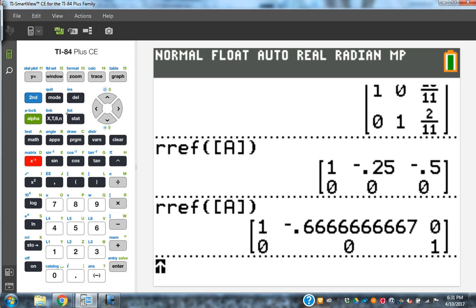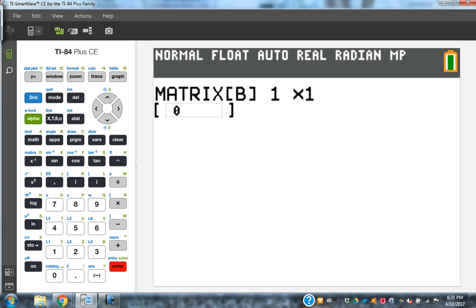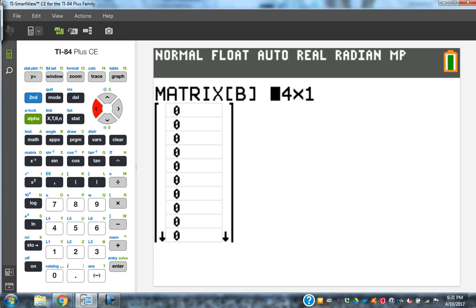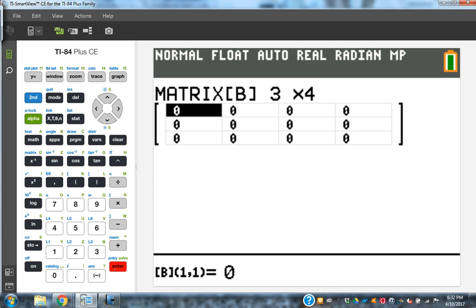What I normally do, when I'm setting up to solve a system of equations, is use matrix A as my 2 by 3, and then matrix B will be my 3 by 4. If there's already a matrix in B, just go into B and change it to a 3 by 4 size, and then you can type over the top of any of the entries that are in there.